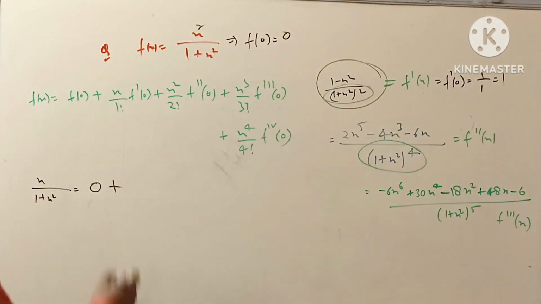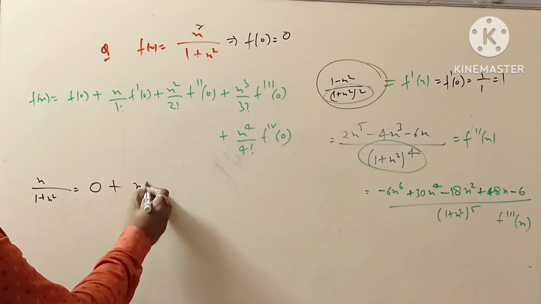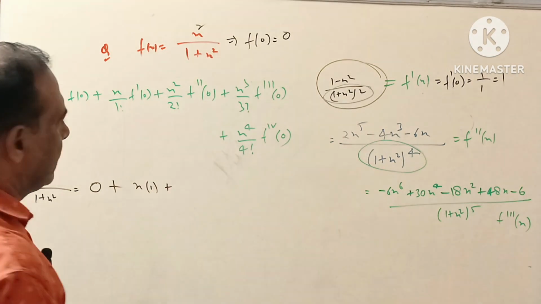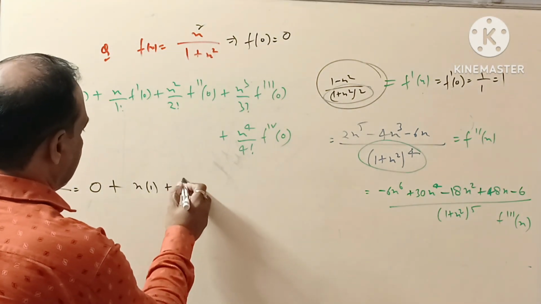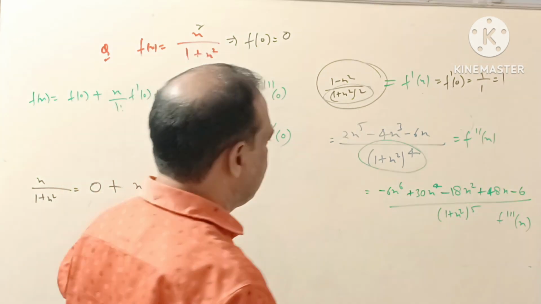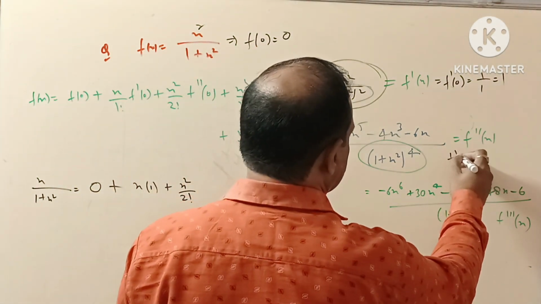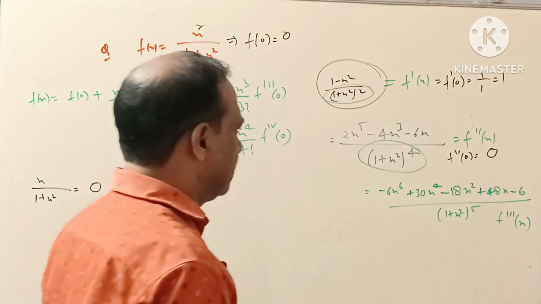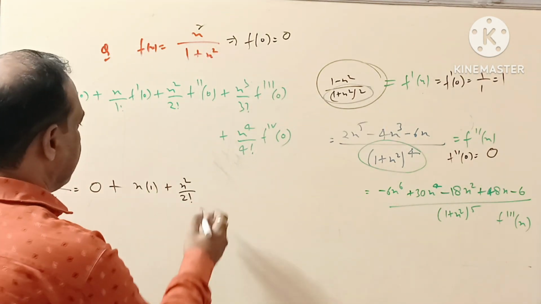Now here this will become x over 1 factorial, which is x, and then x square over 2 factorial times f double dash 0. If I put 0 in f double dash x, I will have numerator 0 and denominator 1. It means that it is all 0.